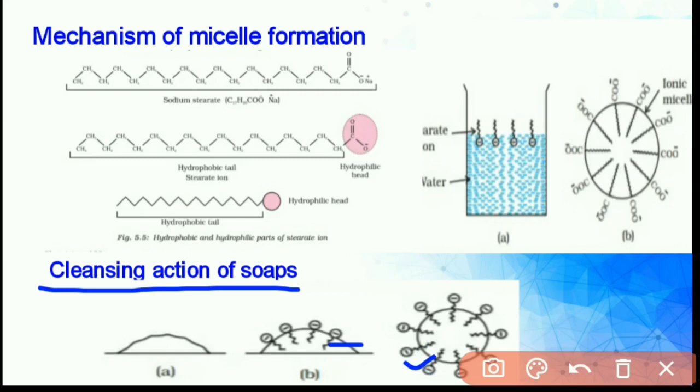This gives the opportunity for other tails to stick to the oil, and now the solution contains small globules of oil surrounded by soap or detergent molecules. The negatively charged heads present in water prevent the small globules from coming together and forming clusters, and thus oily dirt is removed from the surface of the cloth.